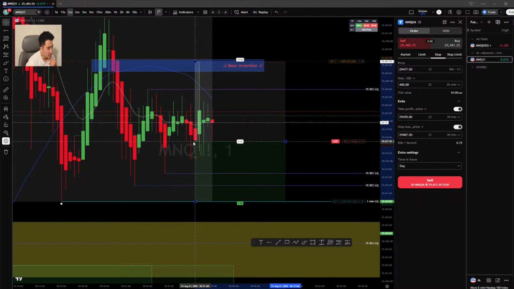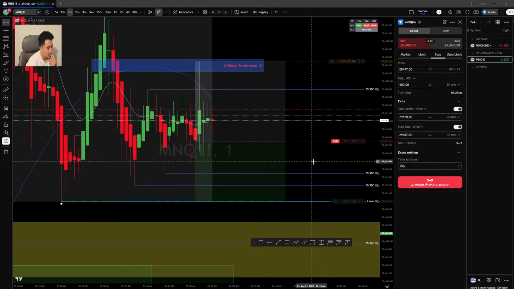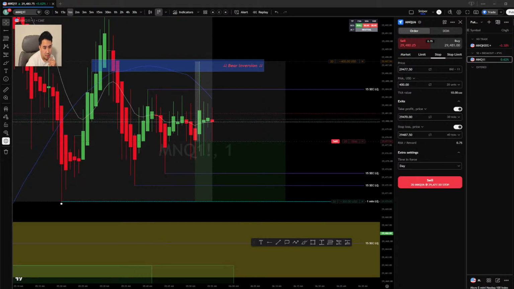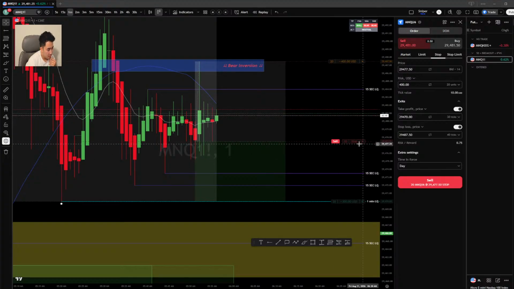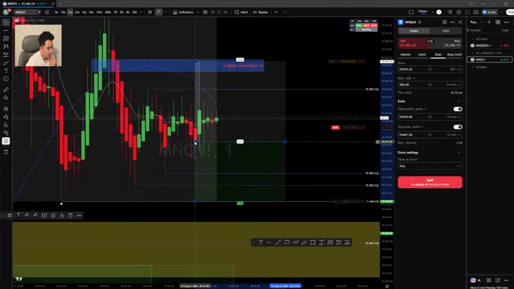The RR is not too good if it enters here, so 0.75. I will look for some type of retracement to enter a little higher. Or if let's say the entry is up of here, be a little bit better.